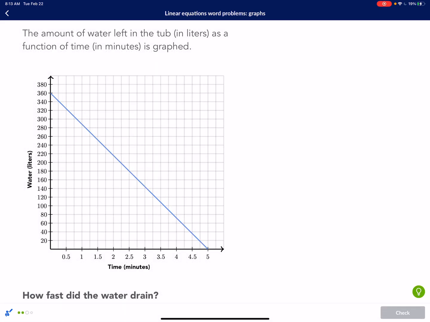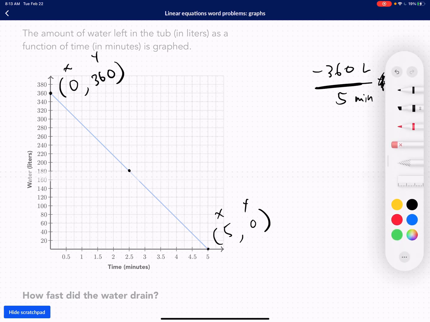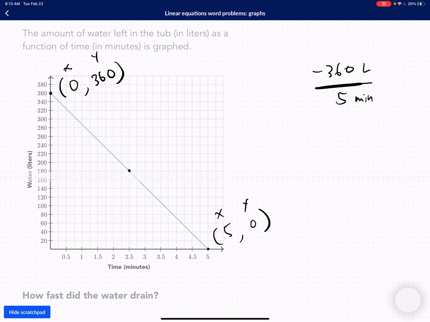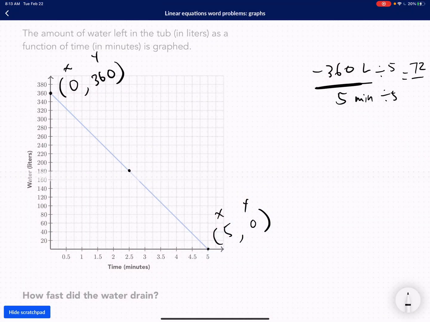If I divide the numerator and the denominator by 5, then 360 divided by 5 is 72 over 1 minute. So 72 liters per 1 minute.